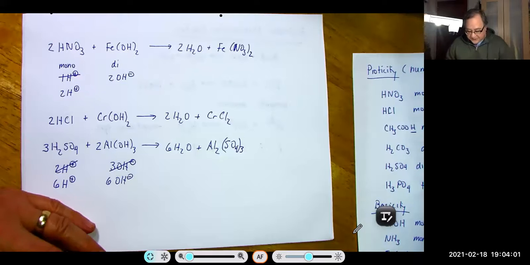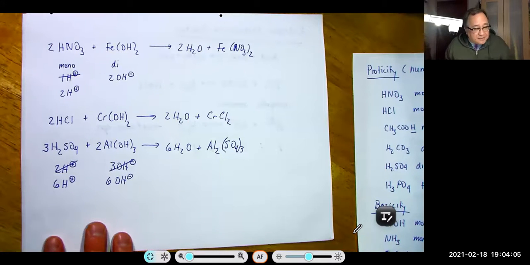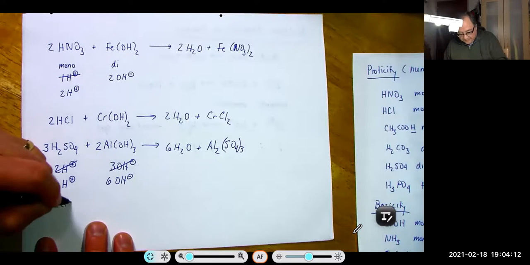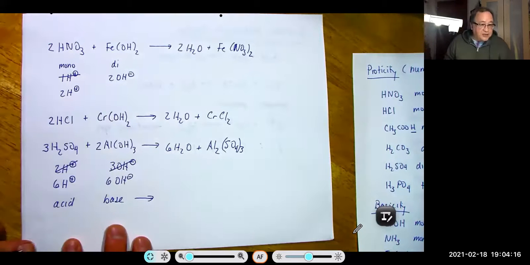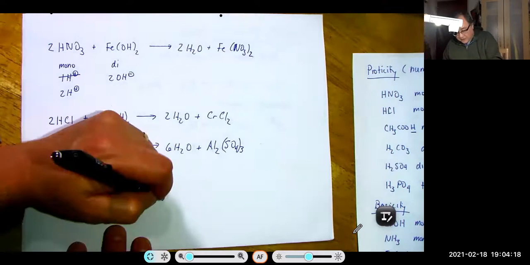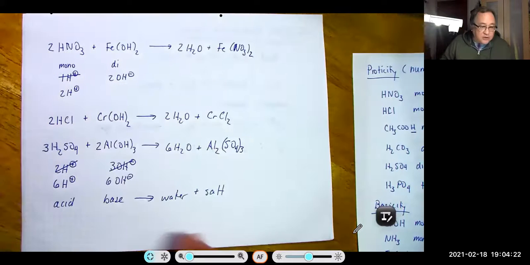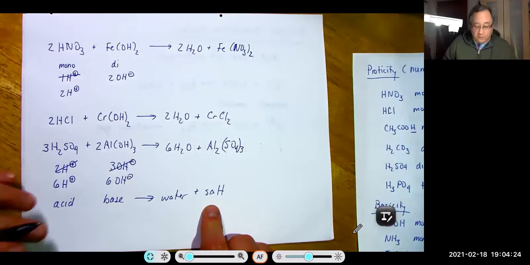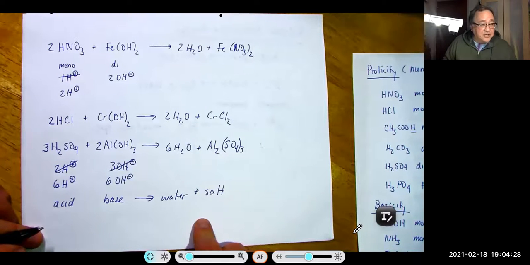So when you balance these things, the first thing you have to do is recognize the acid, recognize the base, and make sure you have equal number of H pluses as OH minuses. So this is your acid. This is your base. And what do acid-base reactions do? They make water and salt. So remember how I told you salt is another word for ionic compound formed in an acid-base reaction?